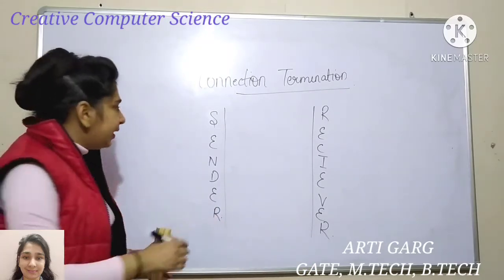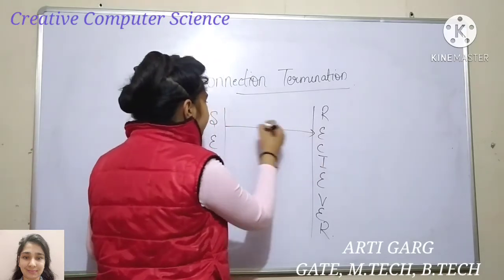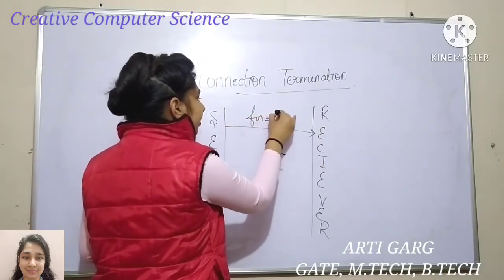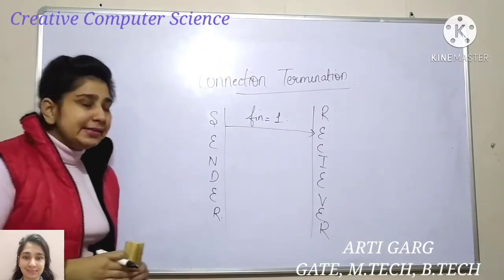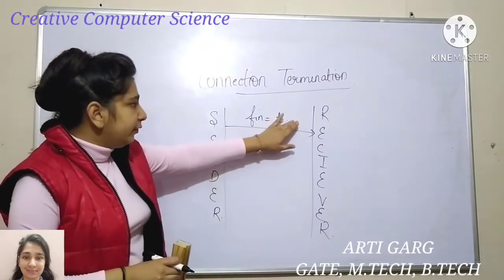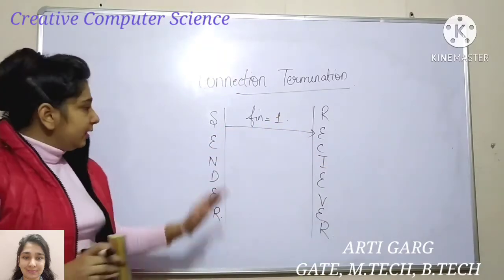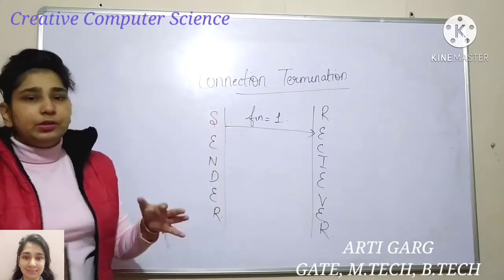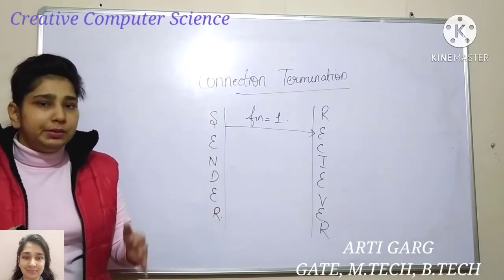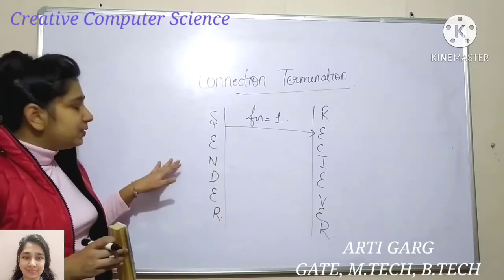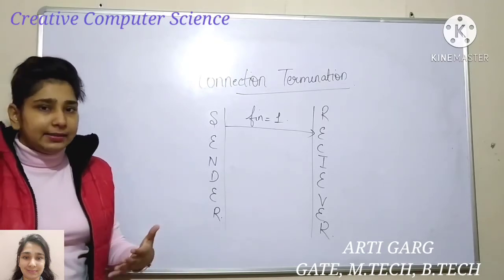So what will it do? The sender is going to send the FIN field to the receiver. The sender is saying that I want to terminate the connection with you, I don't want to send you more data.